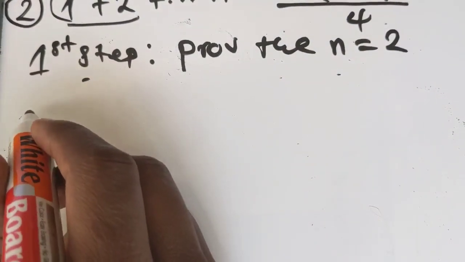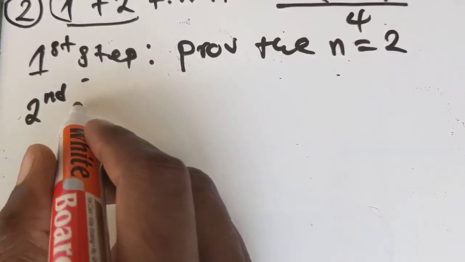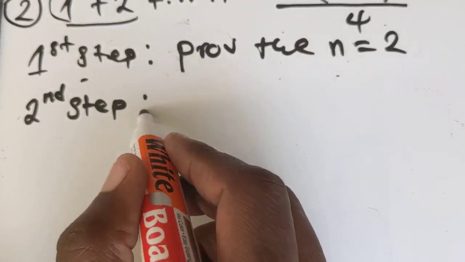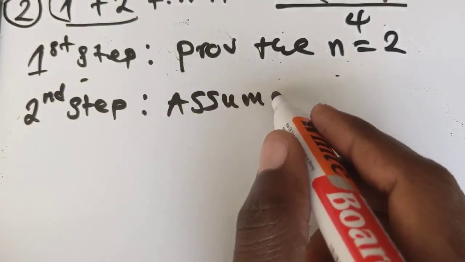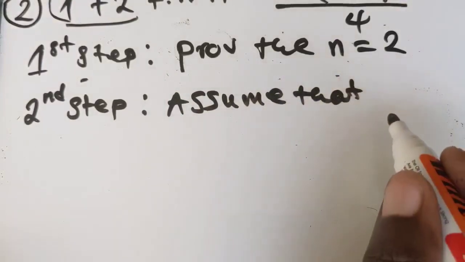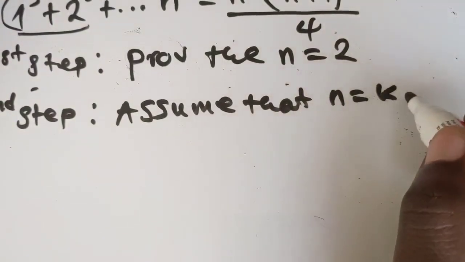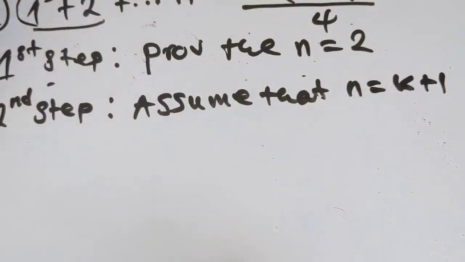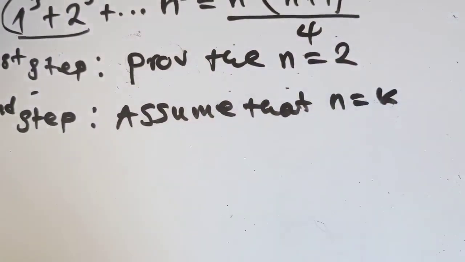Step 2, which is the second step, is to assume that n is equal to k.